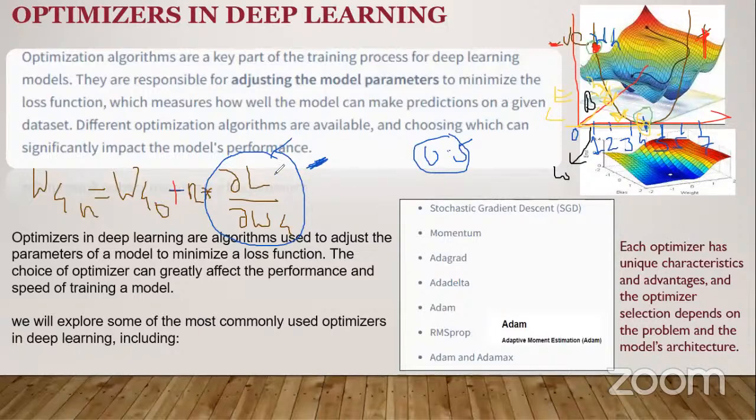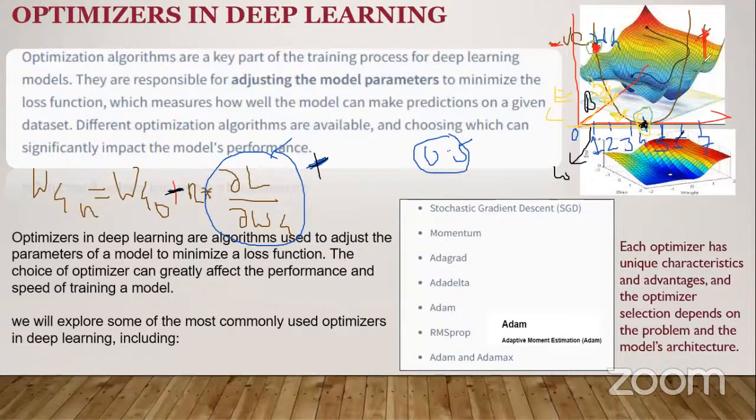If I calculate the derivative and its value is negative, and I input it in this value, it will become positive. So I have to add this value so I can reach the minima. So if the slope is negative, I have to add, so it can come down to the minima level here. And if it is positive, similarly, if I input a positive value, the positive and negative will become a minus multiplication.